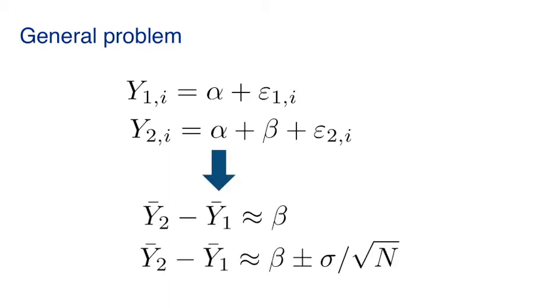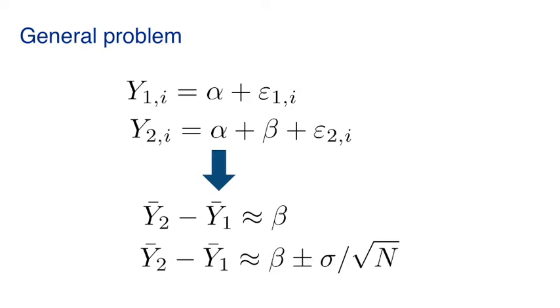So what we do in statistics is we take the average of the data from group 1 and the average from group 2, and that difference should be about beta, because the measurement errors cancel out to 0. The alphas cancel out, and you're left with beta. So by comparing the two averages, you get close to what you want to find out, if it's 0 or not.